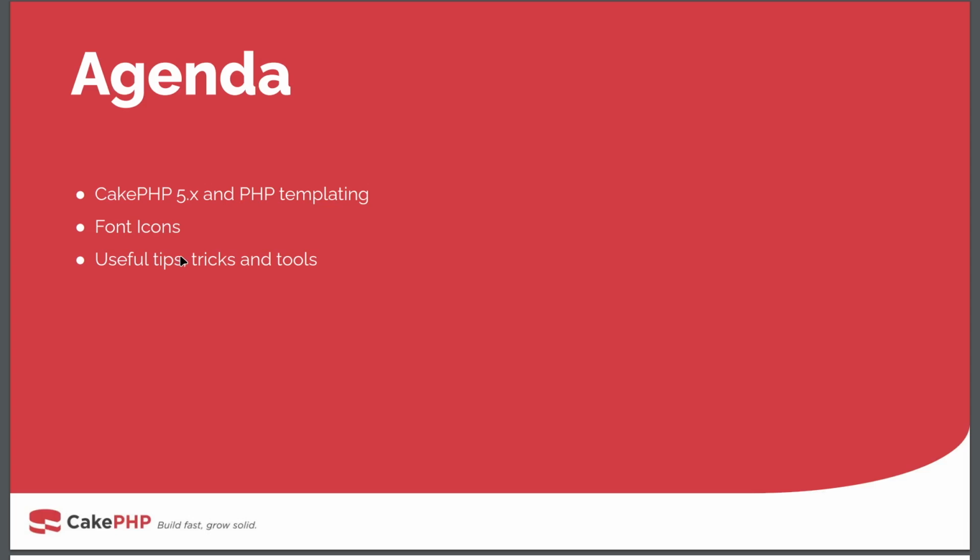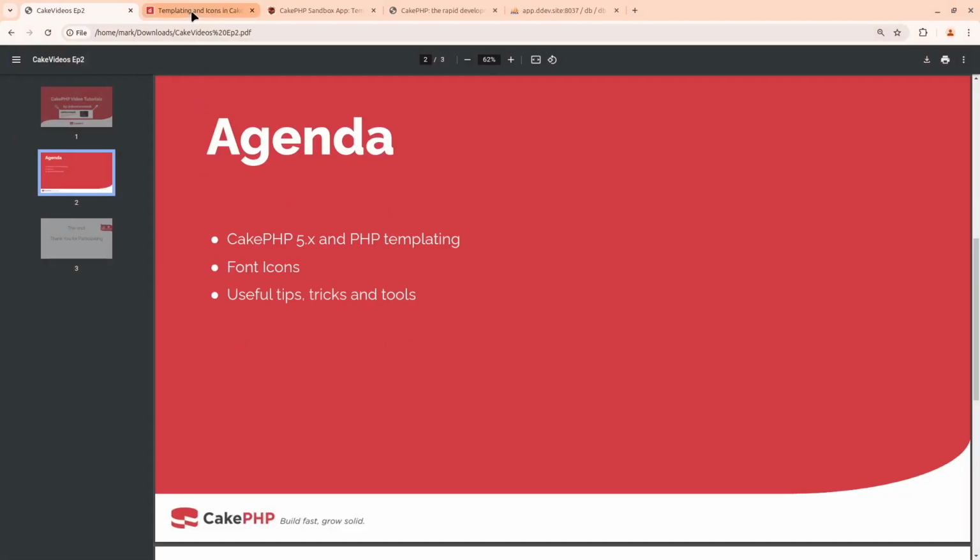We're going to look into font icons for that, as well as HTML snippets, which are the same, and maybe also some useful tips, tricks, and tools around it. So for this, let's dive right in.